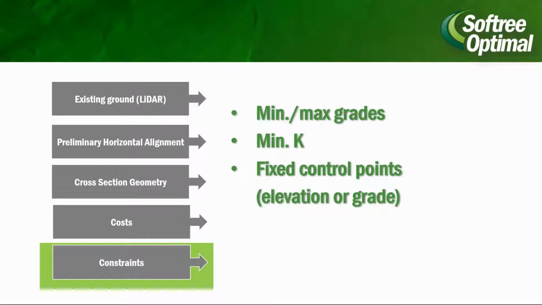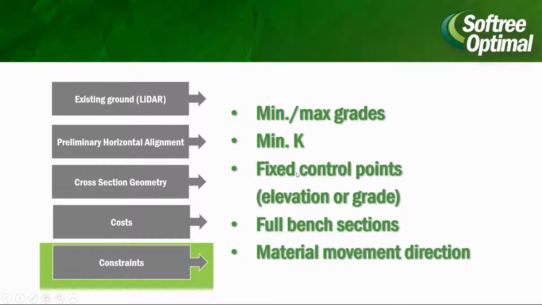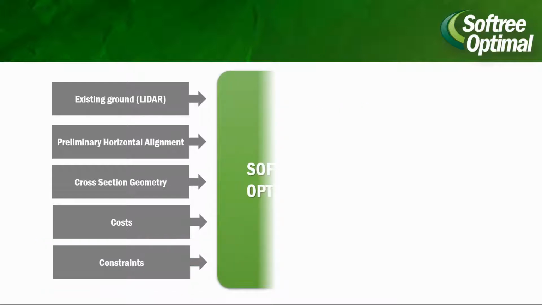Grade control points are places such as bridge crossings, culvert locations, or any other location where you want to fix the elevation or the grade. You might want to put in some full bench sections or all fill sections. You might also want to constrain the material movement direction, whether it's going downhill or uphill.